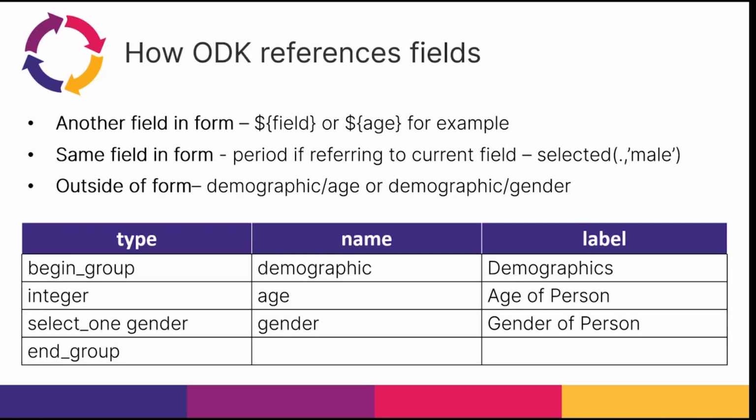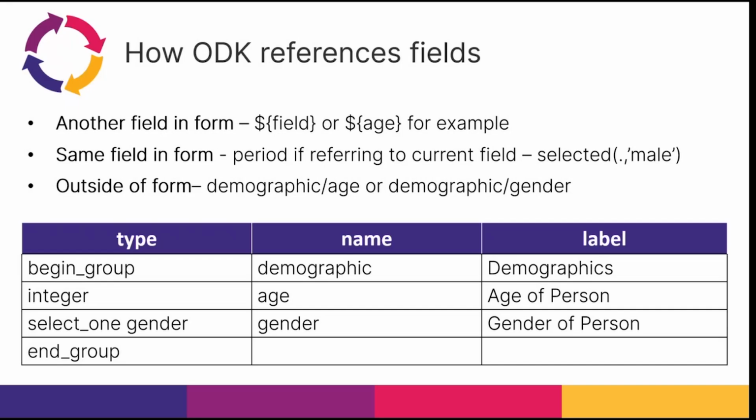However, when we work outside of the form, because keep in mind that Zeit is independent from ODK in a sense, when Zeit engages with form data or is trying to do things with your form, whether that's exporting data, editing data, or setting display fields, values, or summary fields, it is going to be looking for something called demographic/age.